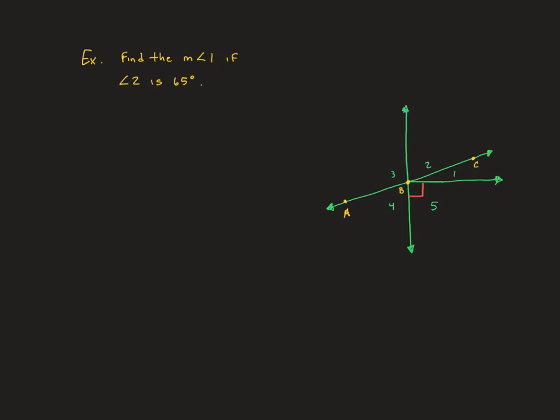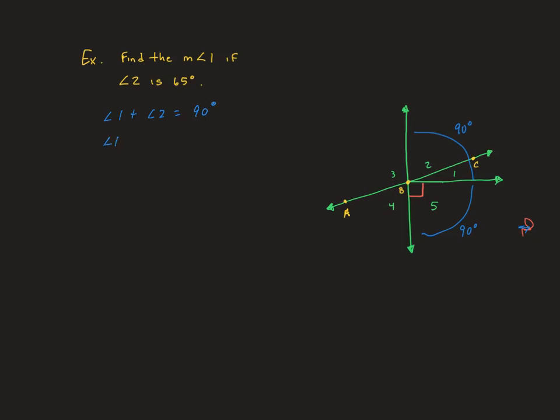So I went ahead and used this same diagram, and looking at this, we want to find the measurement of angle 1 if angle 2 is 65 degrees. Well, we were discussing that these two angles together form a right angle, 90 degrees, if we add in angle 5. So I know that angle 1 plus angle 2 is equal to 90 degrees.